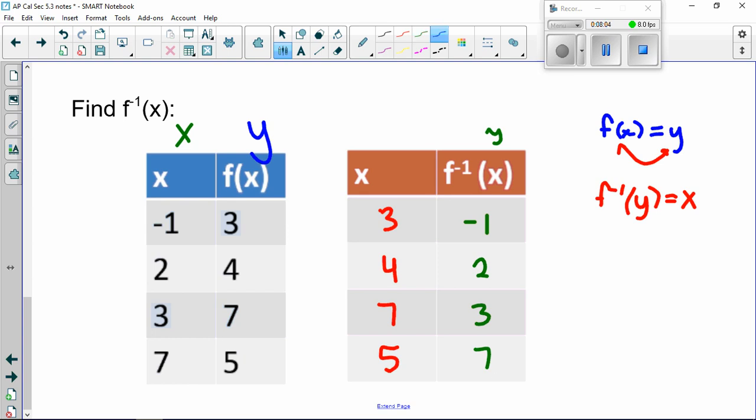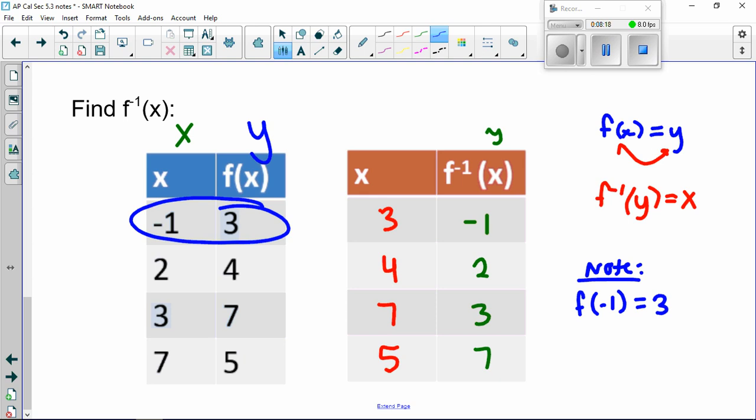Okay. So make a note on the side because this is important. We'll be using this notation. Let's say, like this right here, would be that f of -1 is equal to 3. Well, if we wanted to switch that around, we could also say that f inverse of 3 is -1, which is what we have in this table.